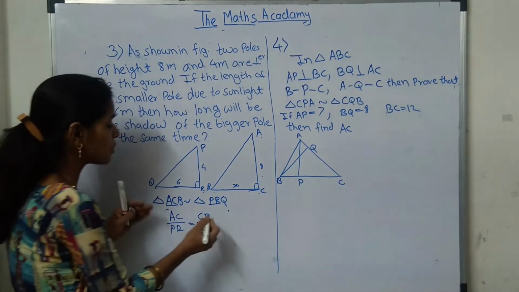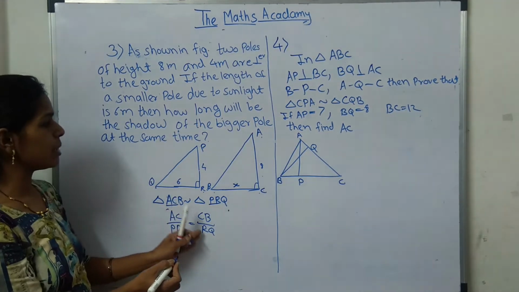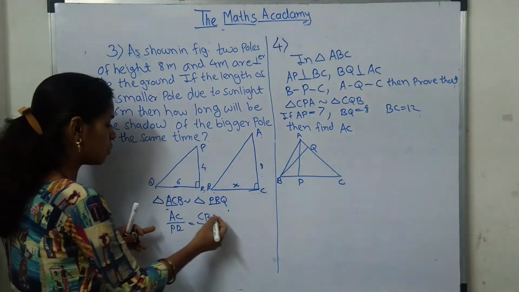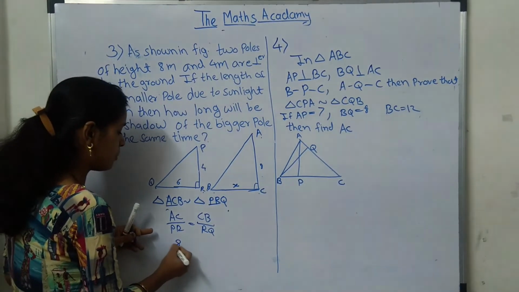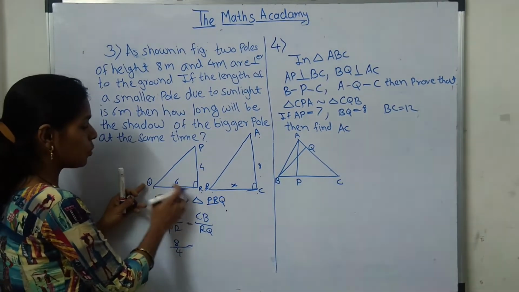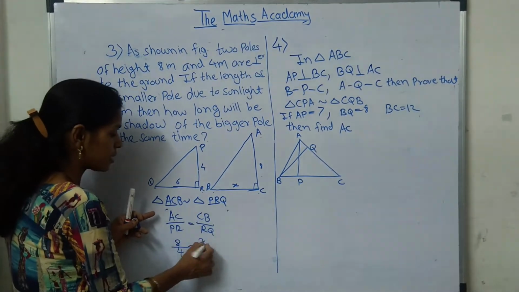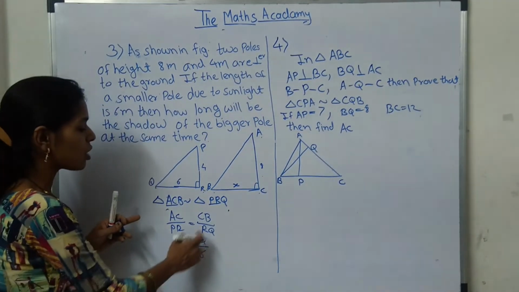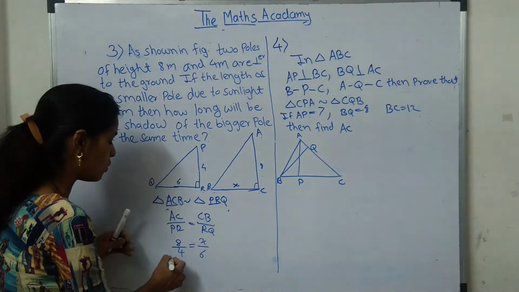Now substitute the values of AC, PR, CB and RQ that are given in the figure. Here AC is equal to 8, PR is equal to 4, CB is equal to x and QR or RQ is equal to 6. Now by cross multiplication we can find the value of x.